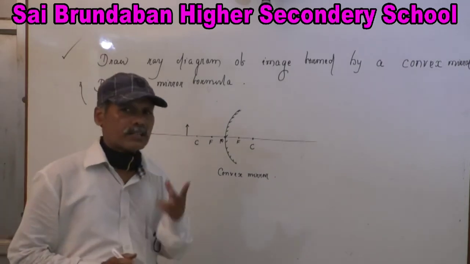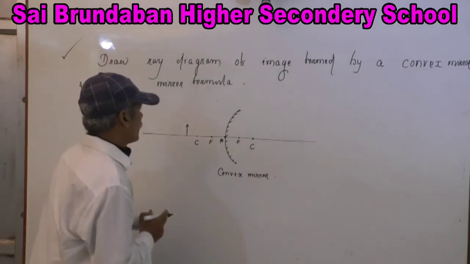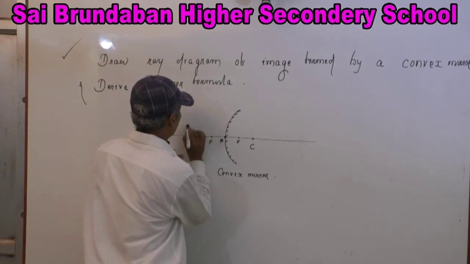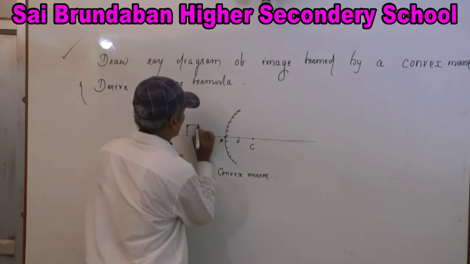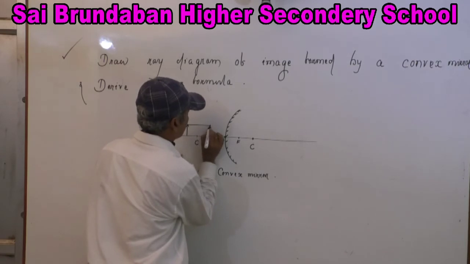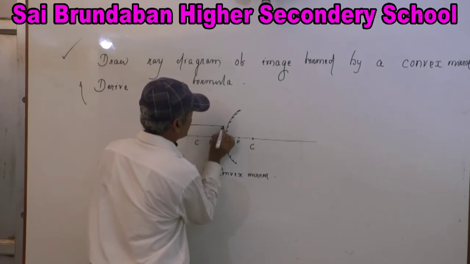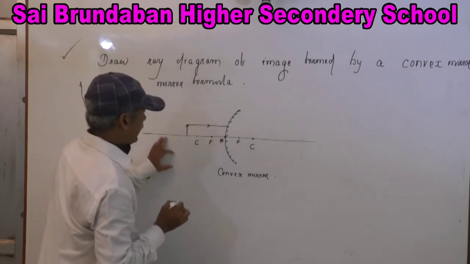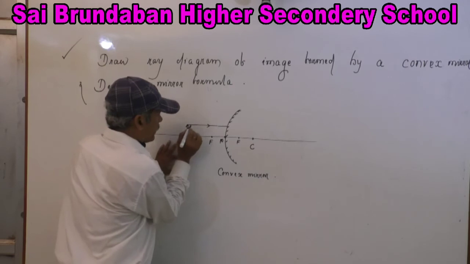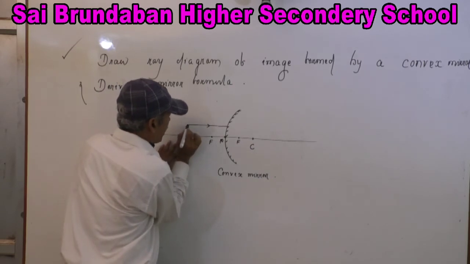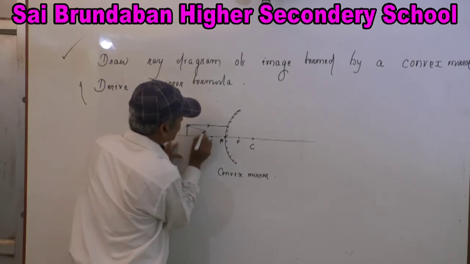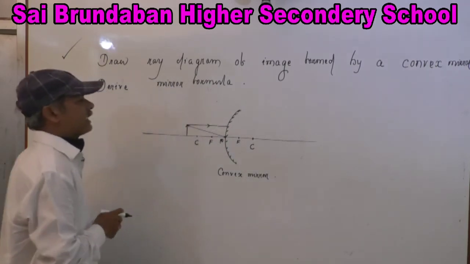Now, two incident rays. One propagates parallel to the principal axis, and another hits directly to the pole.